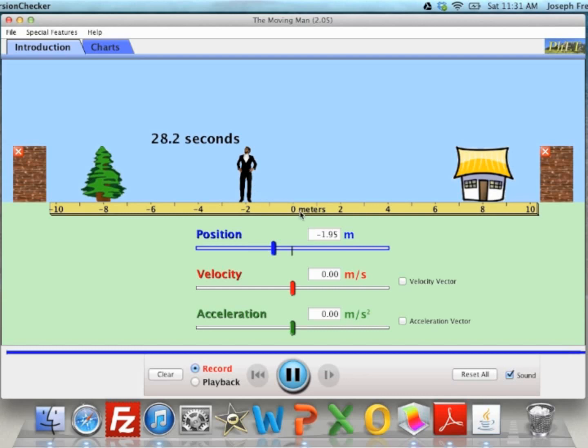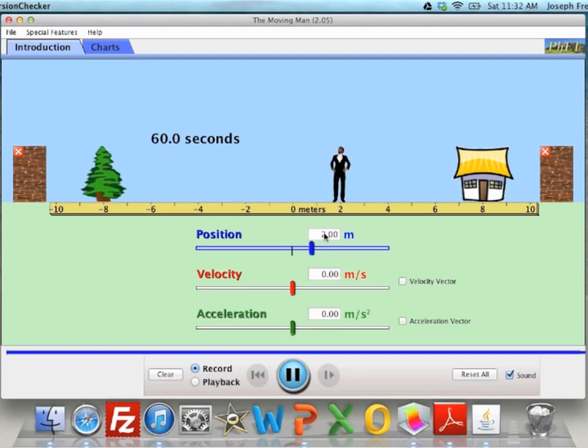He went from 0 to negative 2, for example, so his displacement would be negative 2 meters. Now suppose his starting position were negative 2, and his ending position were 2. Then his difference in position would be 2 minus negative 2, which is a total of 4 meters. Remember that displacement is just difference in position.